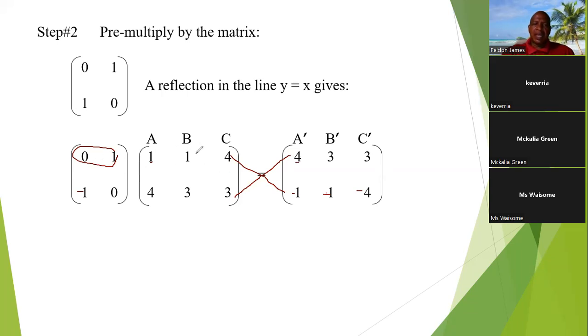Then 0 times 1, 0, 1 times 3, 3. So this is going to be positive 3. 0 times 4, 0, 1 times 3, 3. This would be positive 3. Now we use this row. So negative 1 times 1, negative 1. 0 times 4, 0. So it means that all of these values, when you flip them, they become negative.